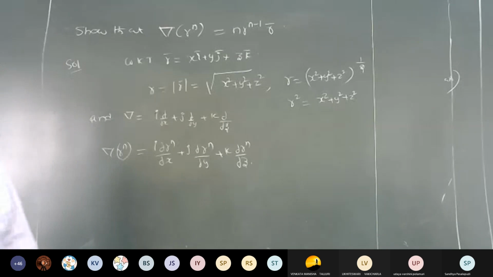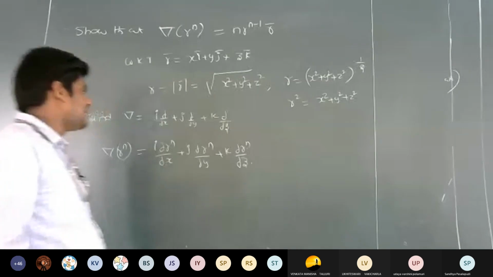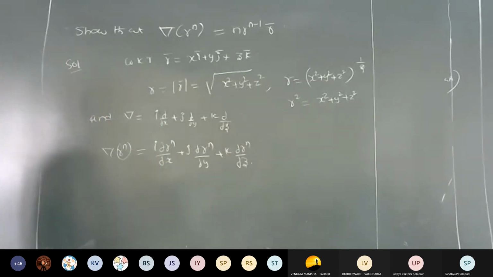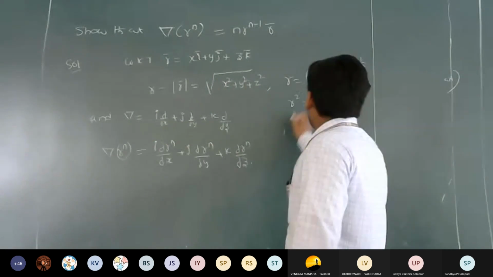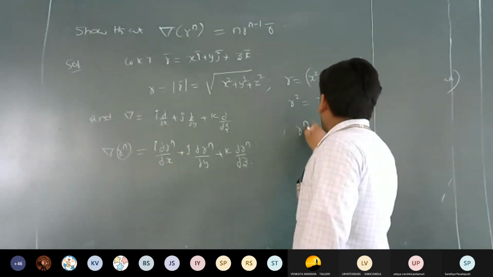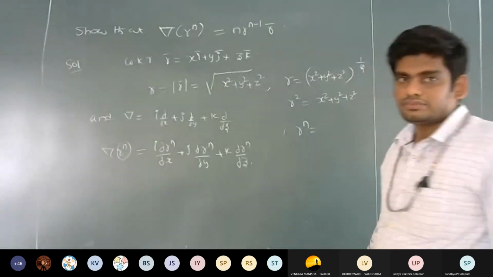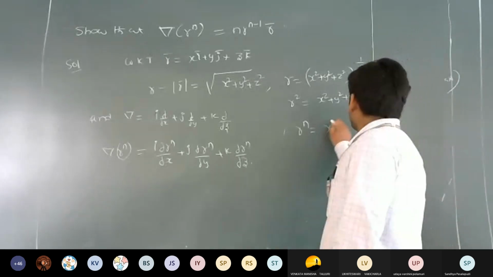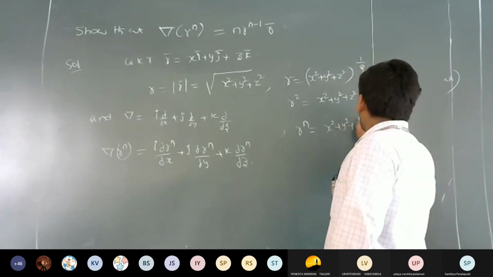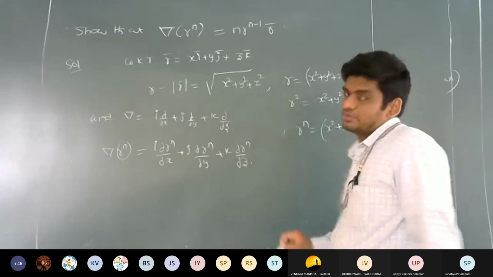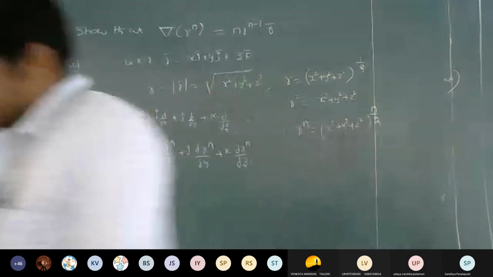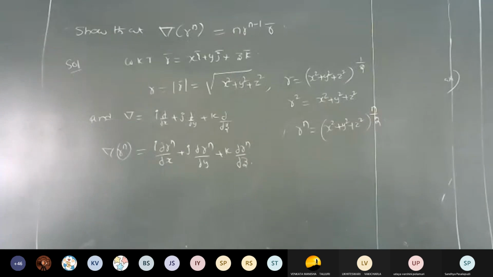So we have to calculate dou r power n by dou x, similarly dou r power n by dou y, and dou r power n by dou z. Next, what is r power n? It is x square plus y square plus z square to the power n by 2. Is it clear, ma? Sravya, is it clear, ma?